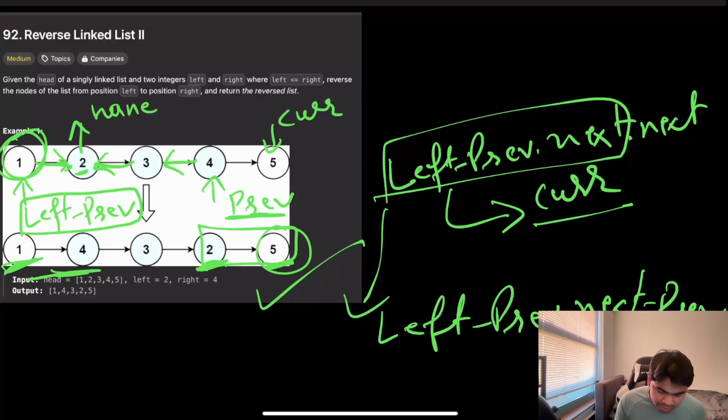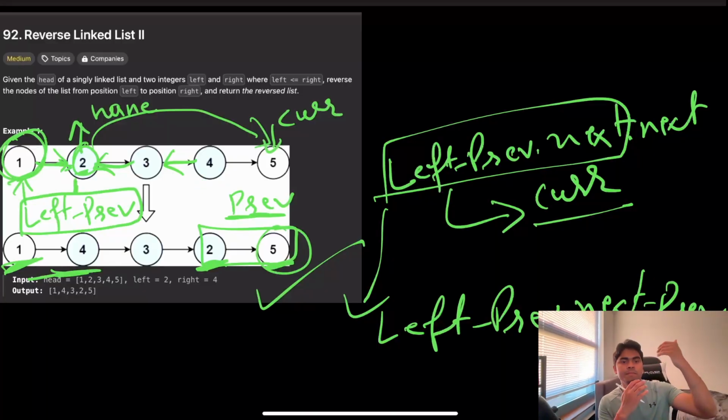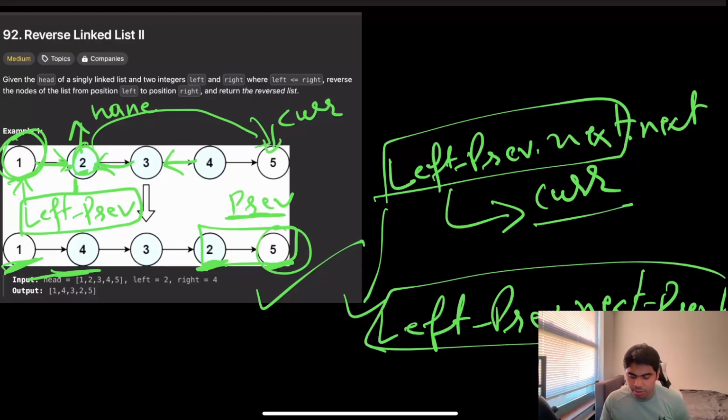Because we started iterating from here, we needed this reference to point to the end, which becomes the beginning once reversed, and we still needed to connect the end of the reversed section. So that's what this is doing: left prev dot next equals prev.